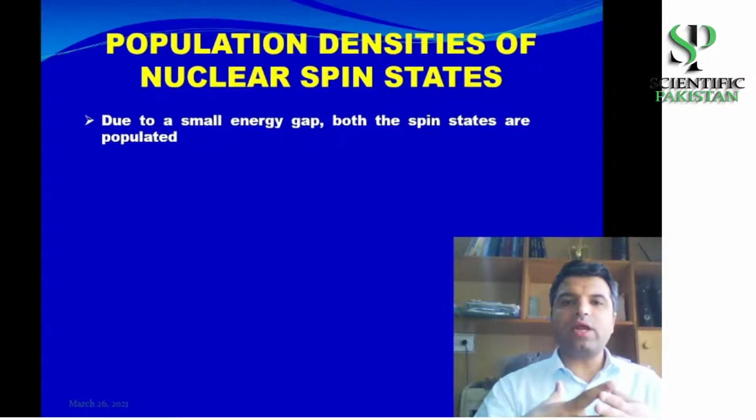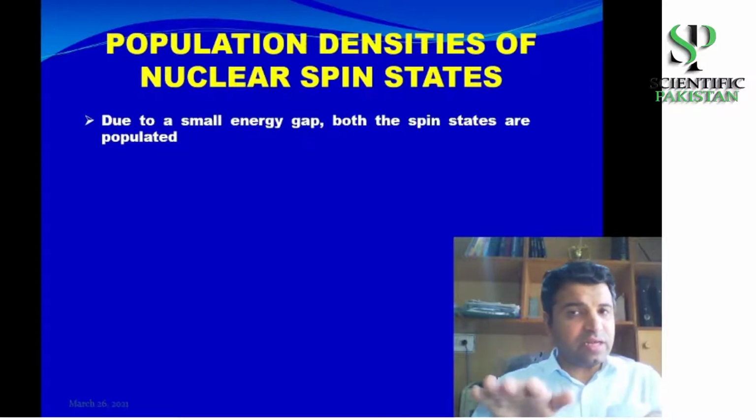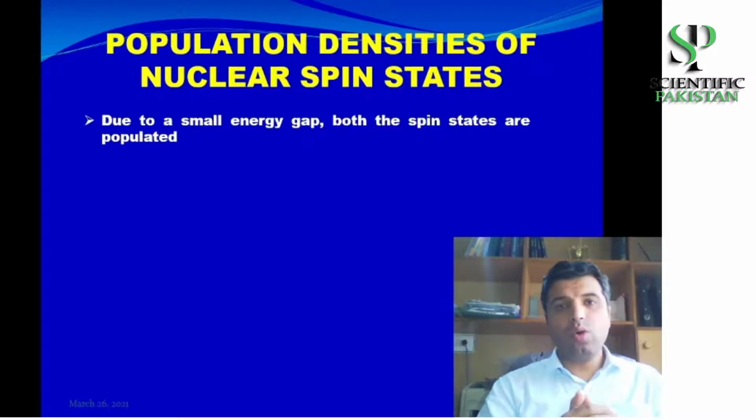How much is this energy gap? And how many nuclei would be in the alpha state? And how many nuclei would be in the beta state? Is it a 50-50 ratio? Will 50% of the nuclei still be in the alpha state and 50% go into the beta state? So now we will discuss the population densities of these different nuclear spin states.